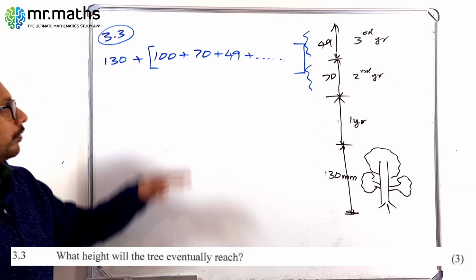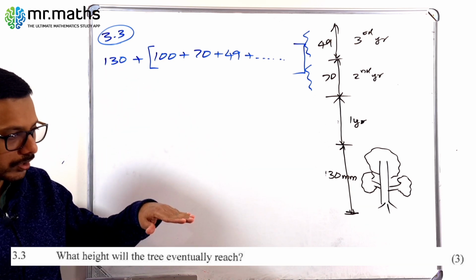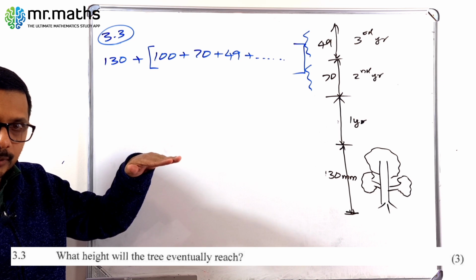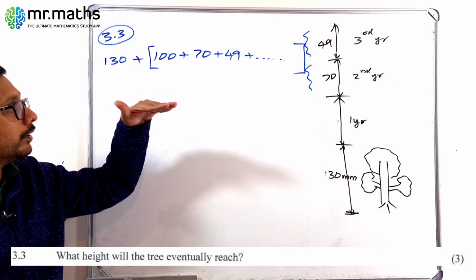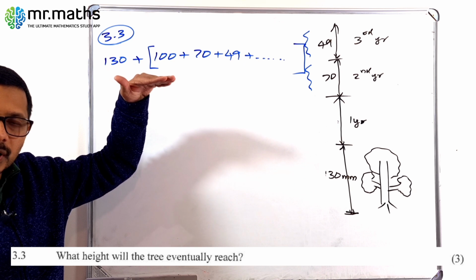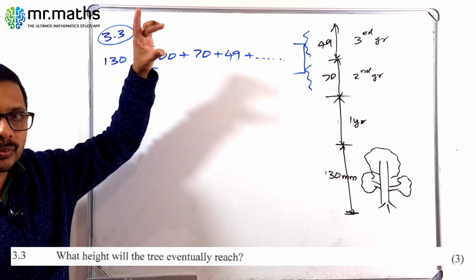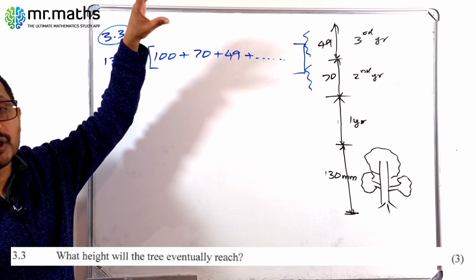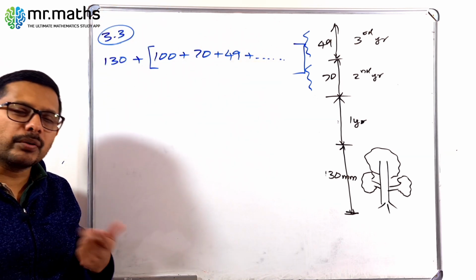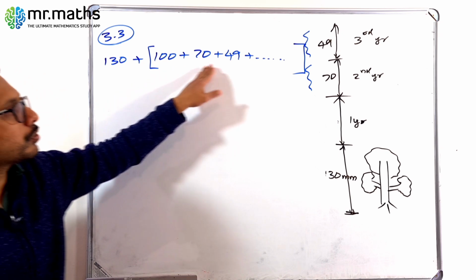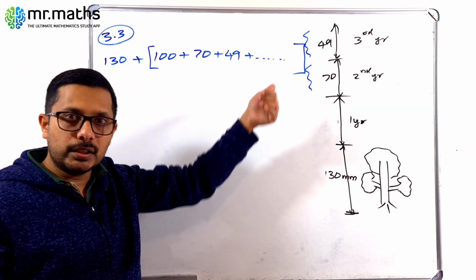So 130 when he bought it. First year another 100 millimeters, second year another 70, 49, then something less, 38 or something, then the next year smaller. So maybe after 100 years, what is the height of the tree? In effect you are supposed to find the height after infinity years.